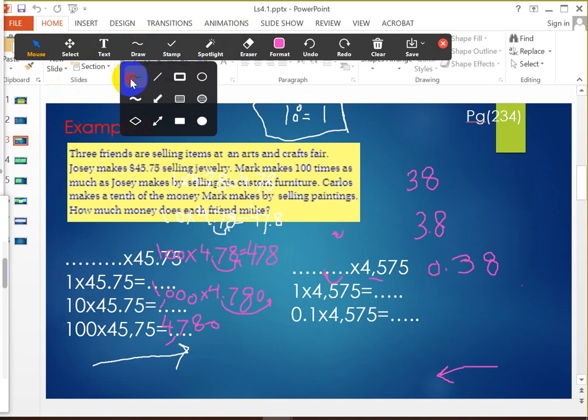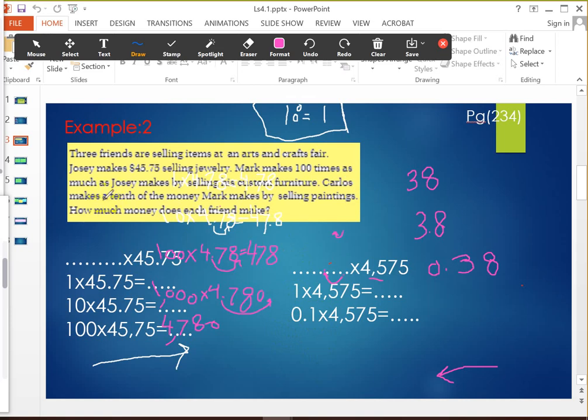What about here in Carlos? Why Carlos we put 0.1? 0.1, because he said that a tenth of, and I told you tenth of means I have a tenth. That's mean the tenth 0.1. If I didn't mention here a number and I said only tenth without any number, this means 0.1.